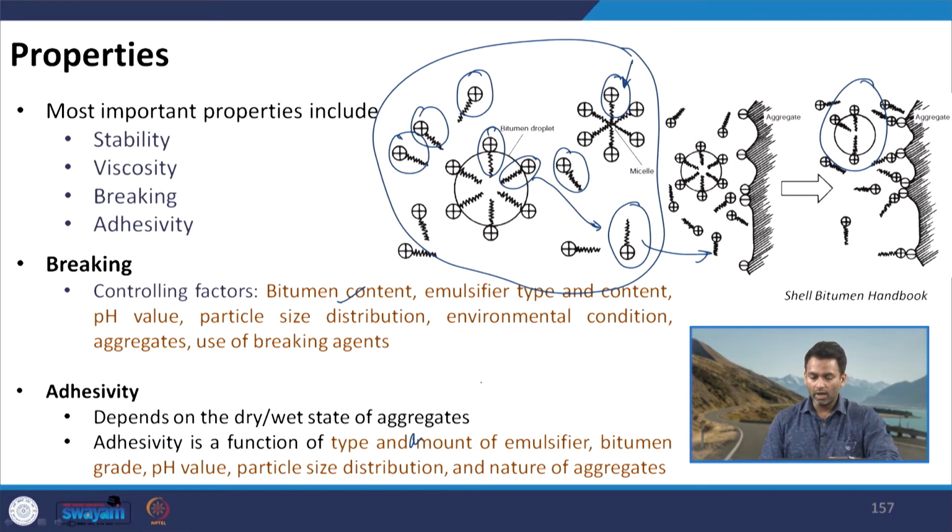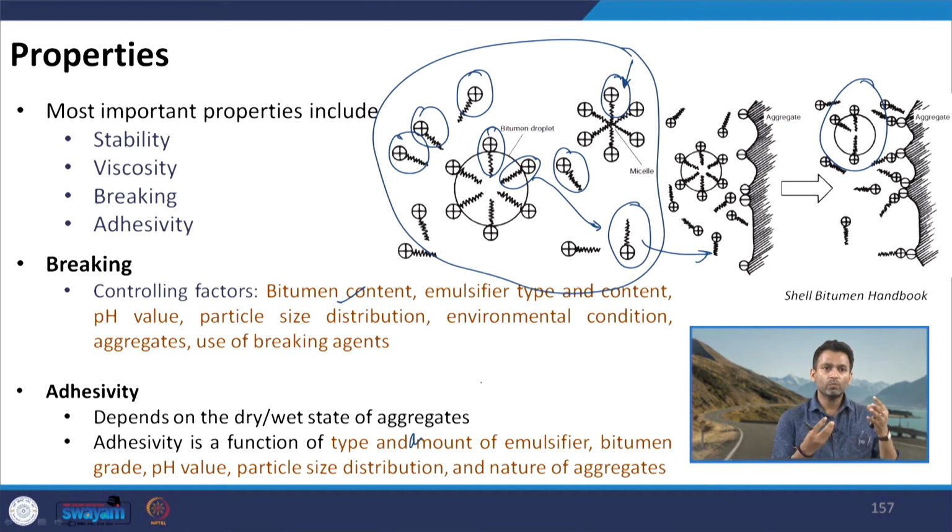Alright. So, as I was saying about the adhesivity characteristics, here again what we were trying to discuss is the surface energy requirement and the surface tension characteristics. We have to understand that the bitumen has to coat or wet the aggregate particles.